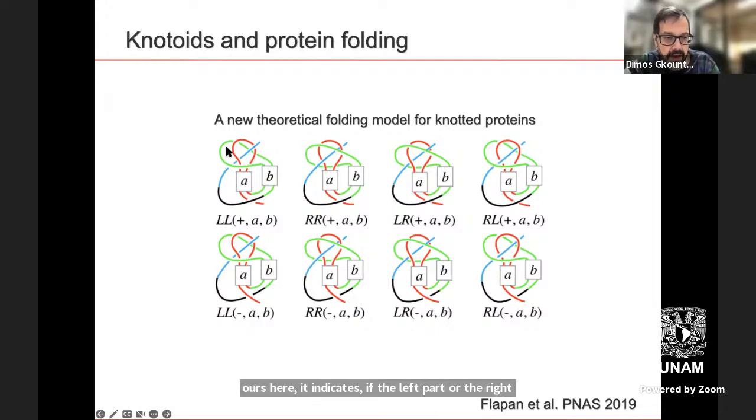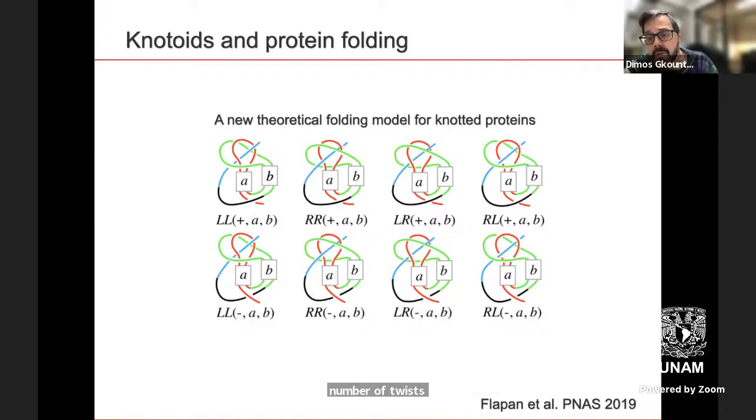So here we have LL because the left part of the green is over the blue one, and the left part of the red is over the blue. Then you have a positive here for the sign of this crossing, and you have AB with a number of twists. Okay. So now we want to capture all of this information, topological information, geometric information.